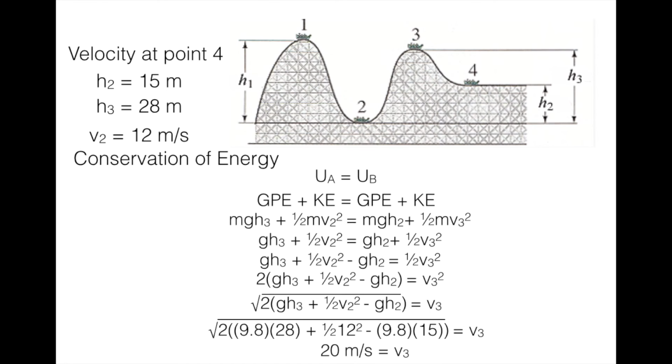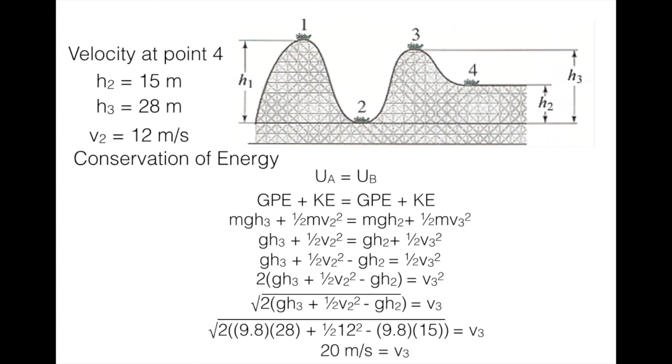So we have to divide both sides by 1/2, so this gives us 2 times (gh3 plus 1/2 v2 squared minus gh2) is all equal to v3 squared. So taking the square root of both sides, we have root 2 times (gh3 plus 1/2 v2 squared minus gh2), and that's all equal to v3.